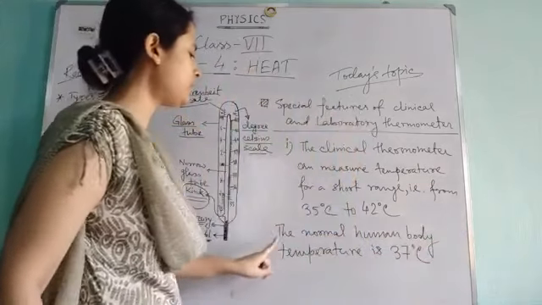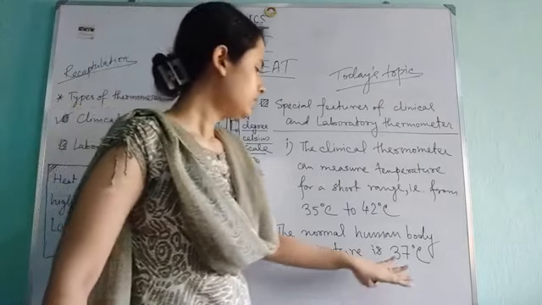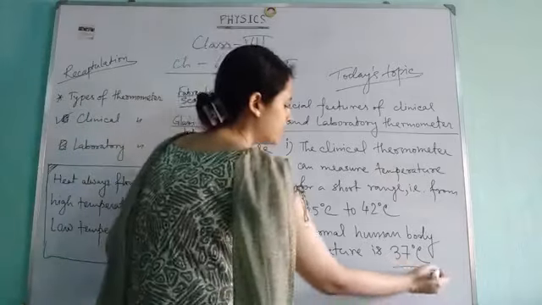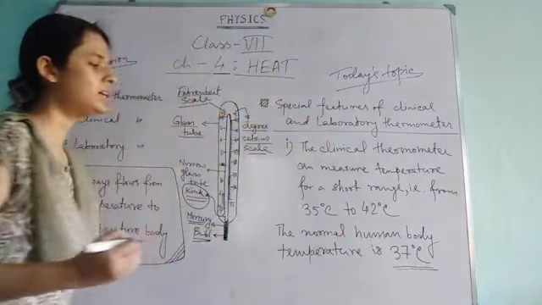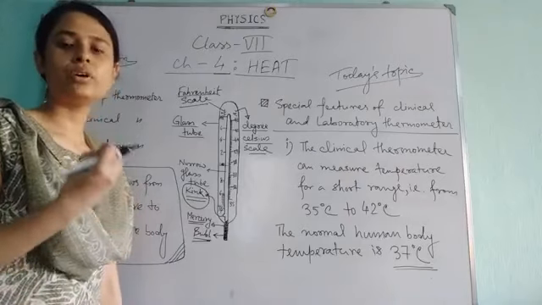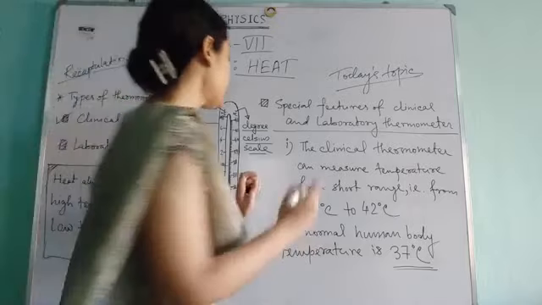So the normal temperature of the human body is 37 degrees Celsius. Please keep it in your mind. This is the normal body temperature of an average human. Okay, so write down the second point.